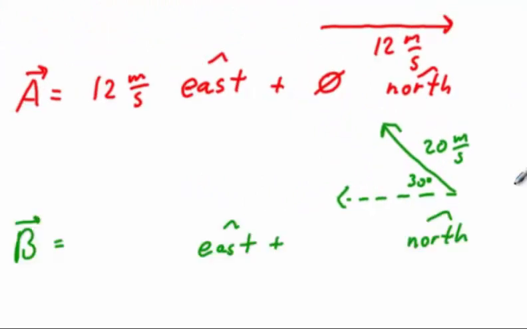Just like vector A, we're going to have to ask two questions. Does it have an east component? Does it have a north component? And then specify the amounts. Looking at our diagram, clearly vector B is neither entirely along the east-west axis, nor is it along the north-south axis, which means we're going to have to break it into components. The manner by which we do that is we start at the beginning of the vector and we follow one of the axes.